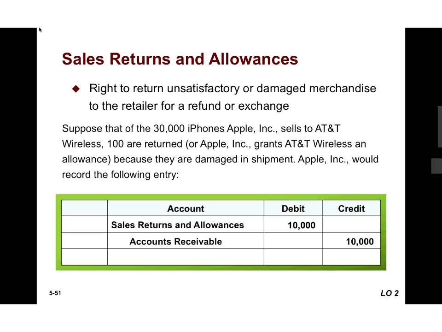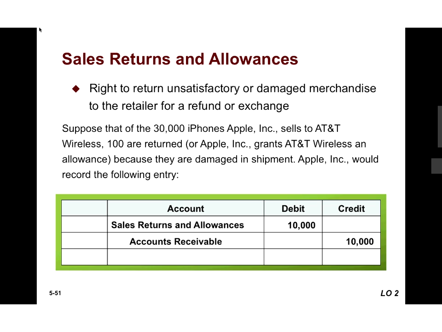So they're writing off that amount. Companies are going to do this when merchandise is returned to them. They're also going to do this when something's damaged and they offer the customer some credit.